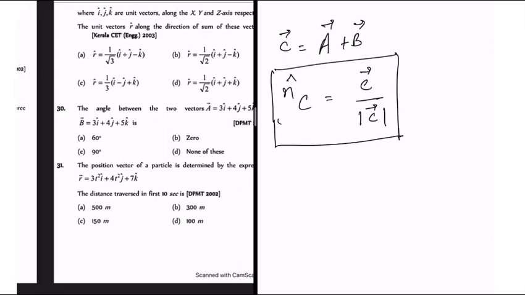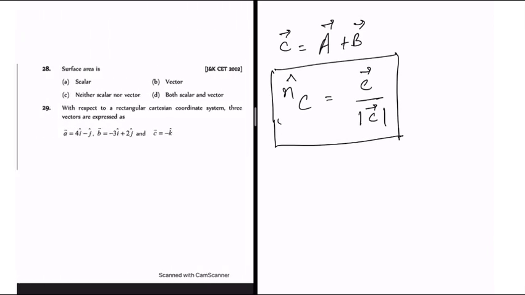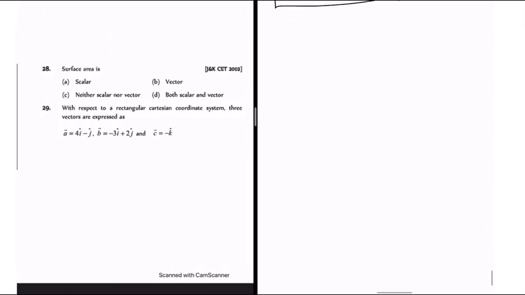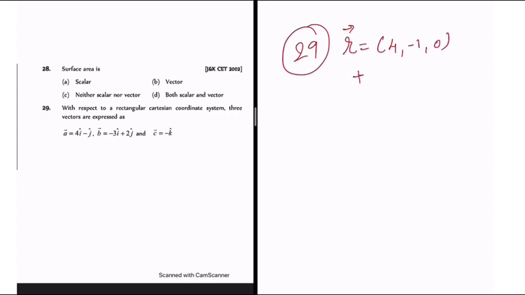Question number 29. R is the sum of all these: first is 4, minus 1, 0, plus B, which is minus 3, 2, 0, and the third is 0, 0, minus 1.